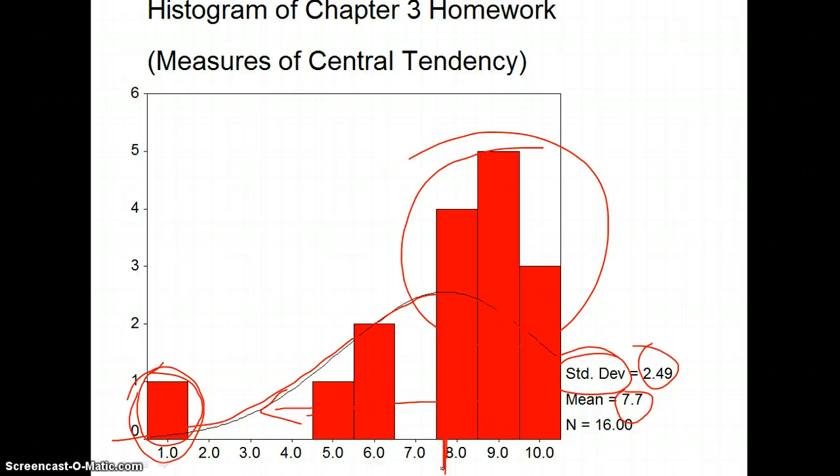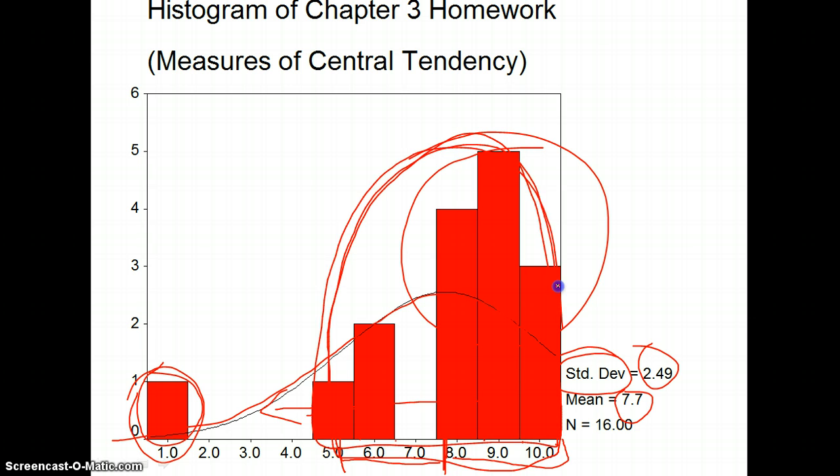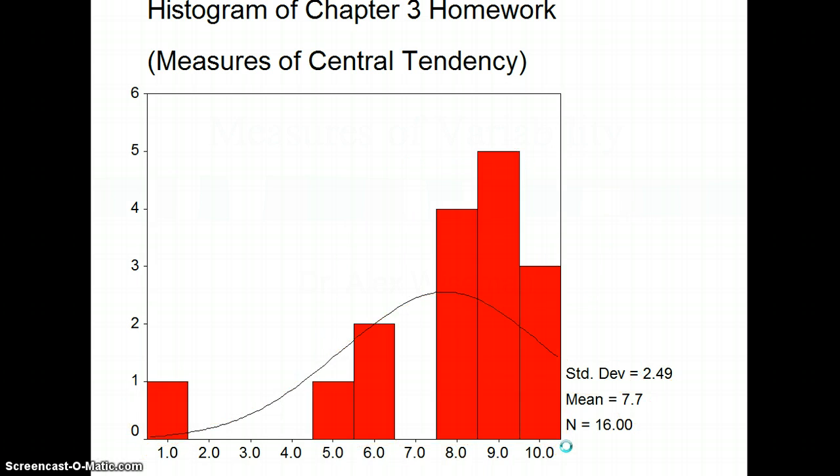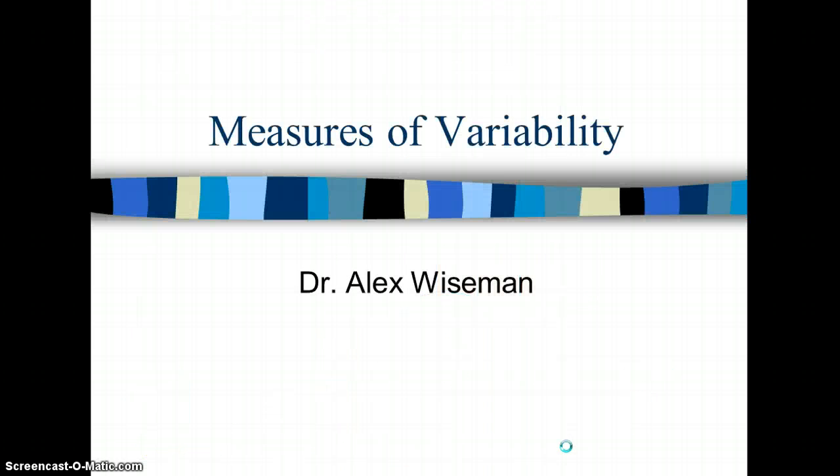So if we went 1, 2.5, we'd be here. And if we went 1, 2.5, we'd be here. So 68% of our scores, at least, are going to fall within that range. So that was a little bit of tying up loose ends from the last one.